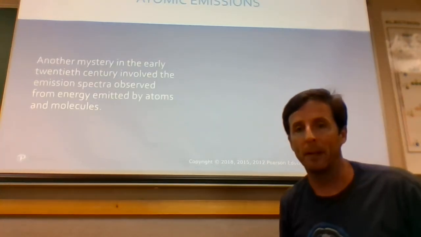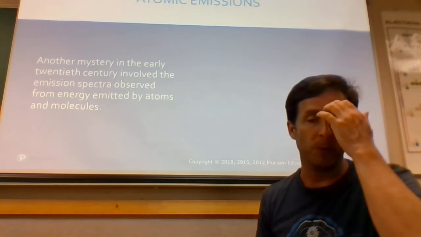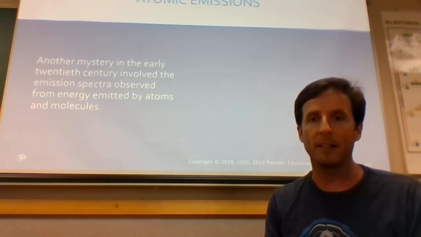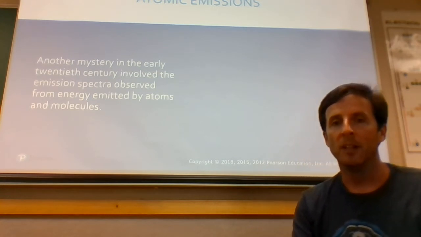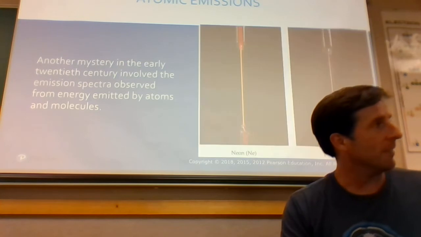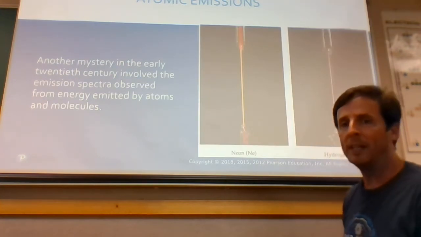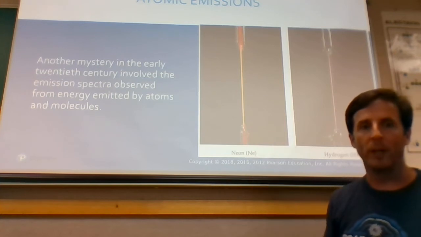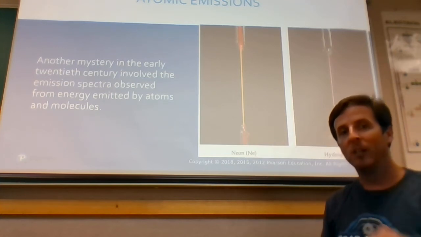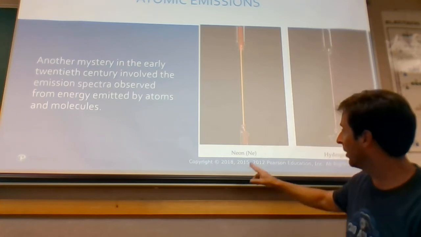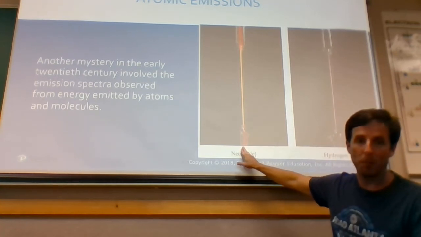The next topic related to the development of understanding how light and electrons interact is the phenomenon of emission spectra. The idea of this is when we take different types of light sources, we can look at the light from the sun, we can look at the light from a light bulb in the classroom, we can look at light from a neon light bulb.